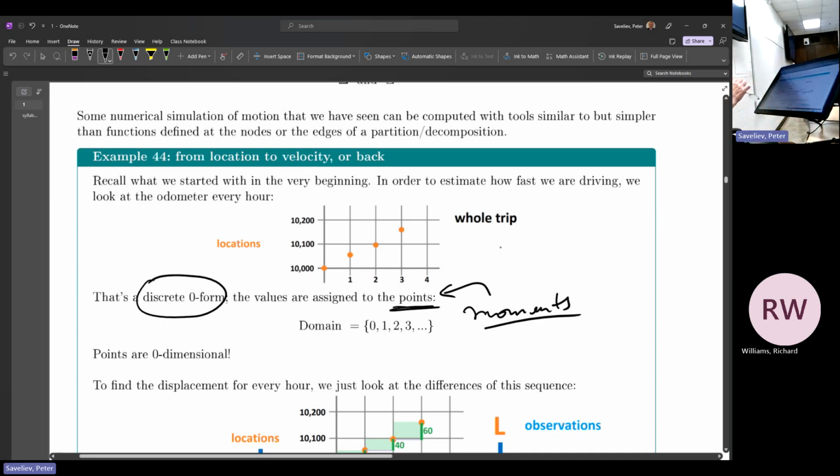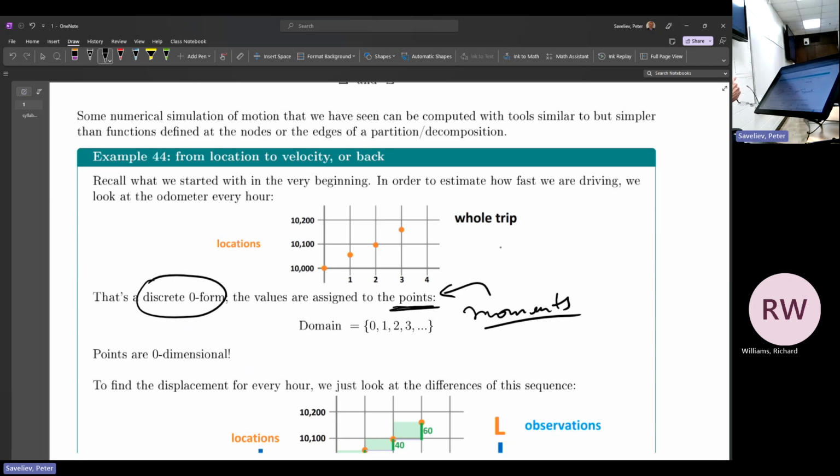It's a special function with a discrete domain, as if it's just a sequence, and it is defined at points. So at 0 it is equal to 10,000, at 1 it is equal to 10,500, and so on.